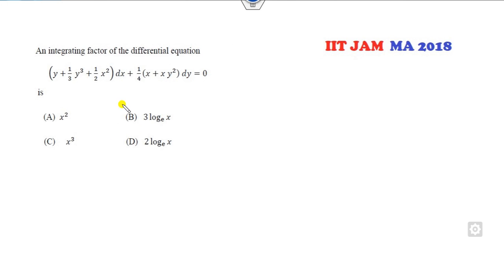The integrating factor of this, so you can see this is my M, this is my N. So if I first take the option x square, if I multiply this by x square, then it will be x square y plus 1 over 3 x square y cube plus x raised to power 4 over 2.